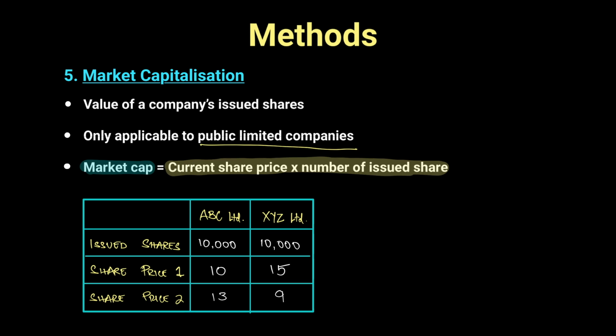Okay, now let me explain this with a simple example here. Let's take these two companies, ABC Limited and XYZ Limited. Both of the companies issued 10,000 shares. Let's look at scenario number one, where ABC is trading at $10 a share and XYZ is trading at $15 a share. When I calculate the market cap for both these companies in scenario one, my ABC is 10,000 multiplied by 10.